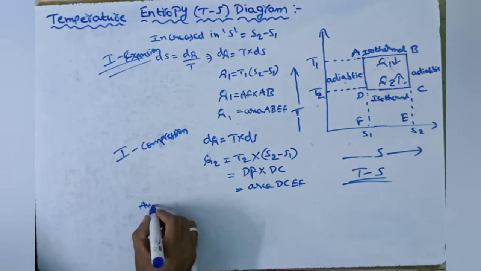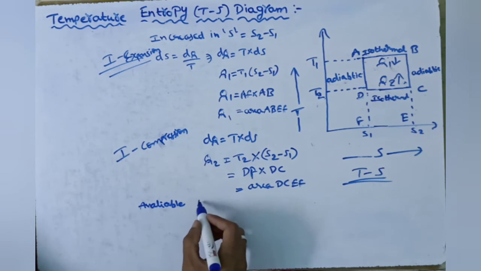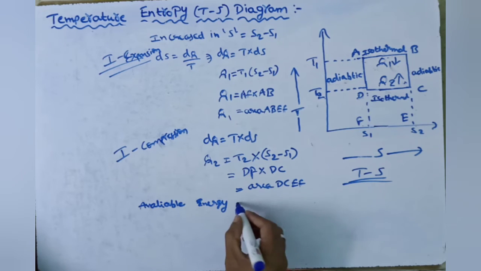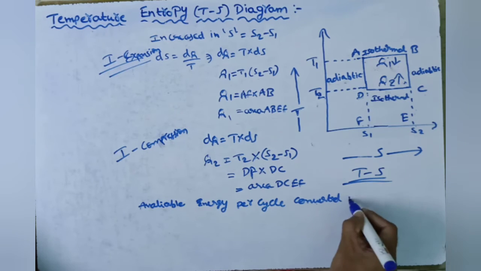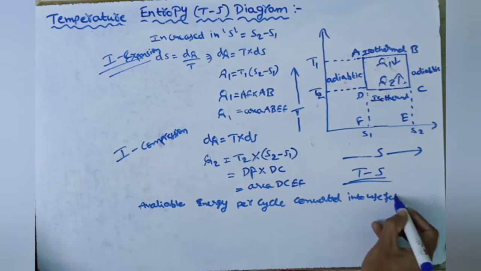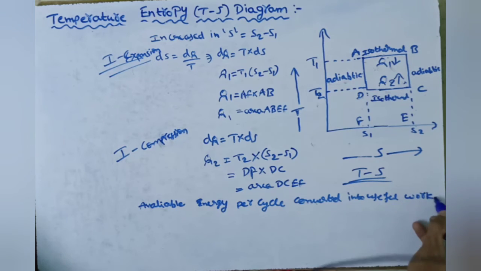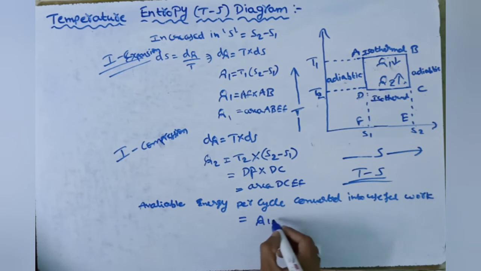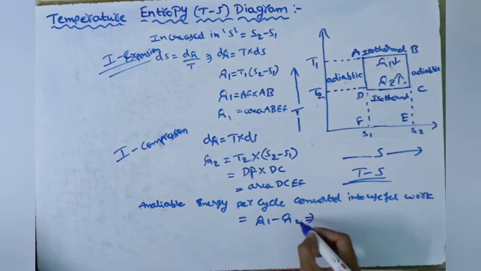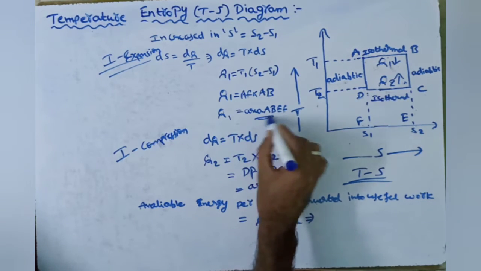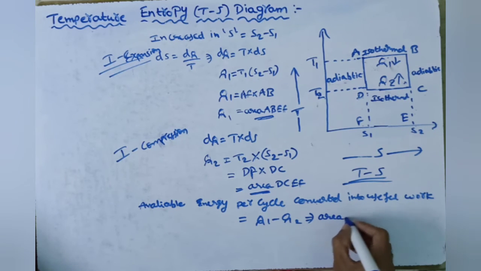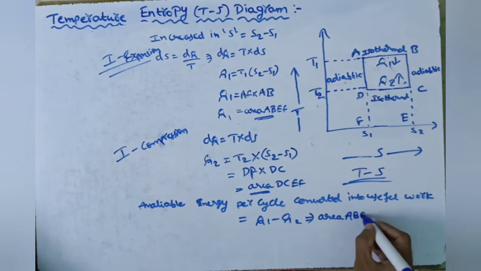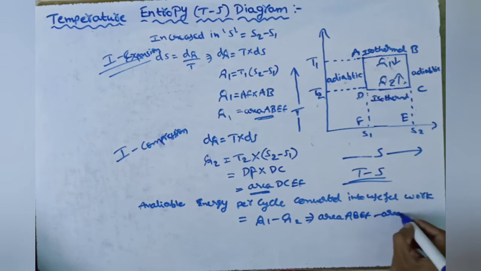Now the available energy per cycle converted into useful work is equal to Q1 minus Q2. So we write Q1, this value, and Q2, this value, in the form of area: area of ABEF minus area of DCEF.